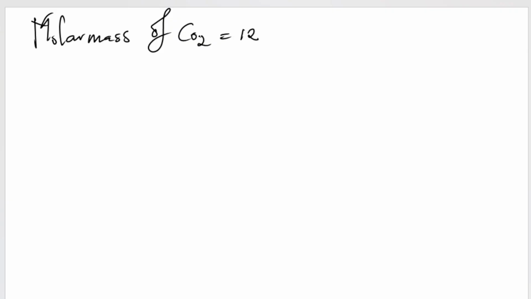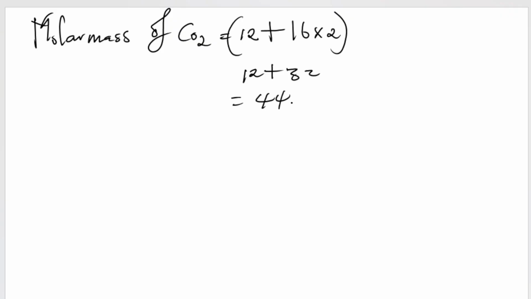But remember, oxygen has a subscript of 2, so this will be plus 16 times 2. Are we together? 16 times 2 is 32, right? So you simply have 12 plus 32, and this will give you 44 gram per mole. So this is the molar mass for CO2.